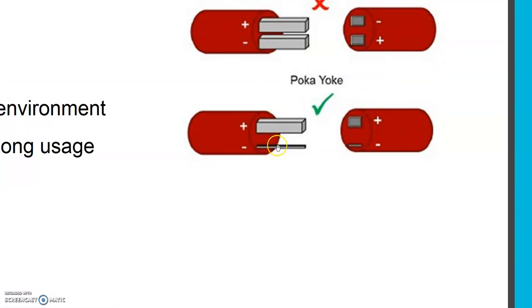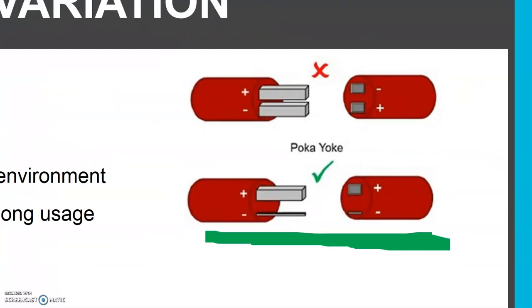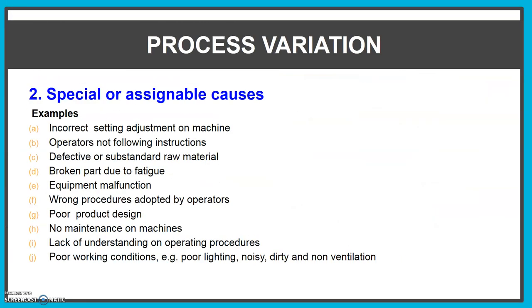That means you purposely design different shapes for assembly purposes, so the operator cannot assemble if the parts are not in the correct order. This can reduce human errors and carelessness. Otherwise, you might assemble wrongly also. This is a Poka-yoke. Okay, understand?